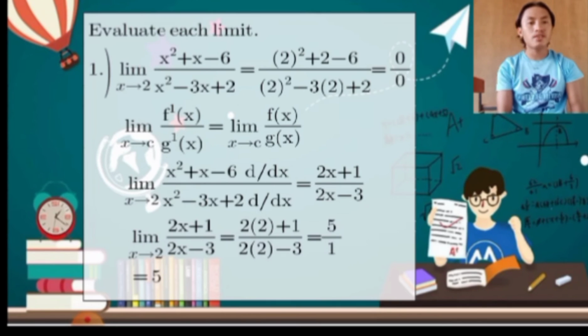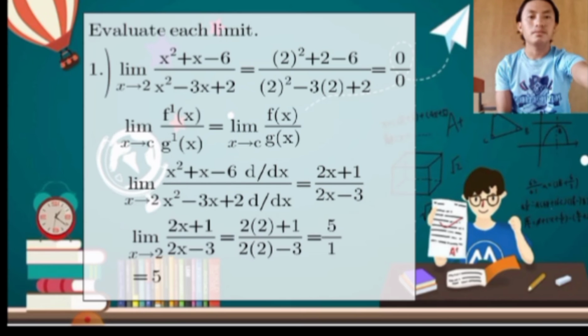So substitute the value of x with 2. So 2 times 2 plus 1 over 2 times 2 minus 3 is equal to 5 over 1, or equal to 5.